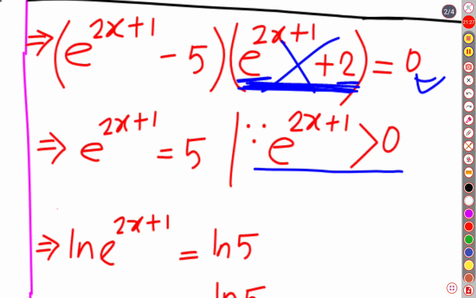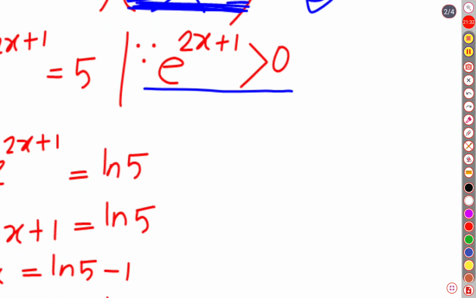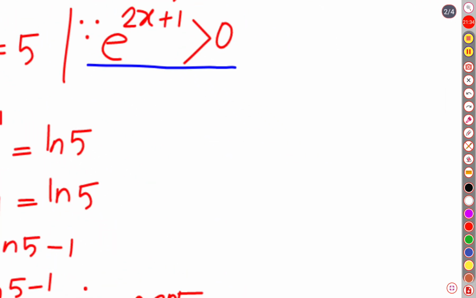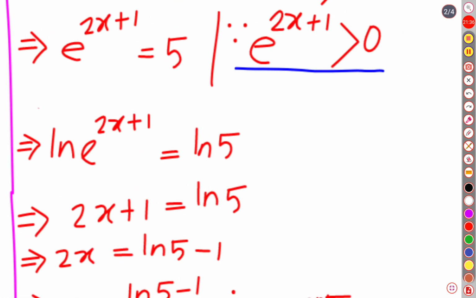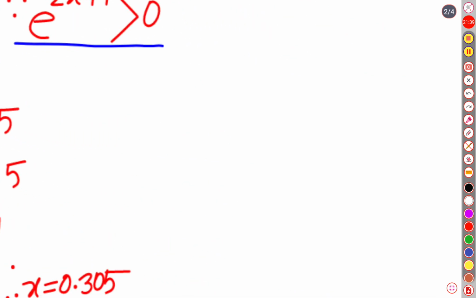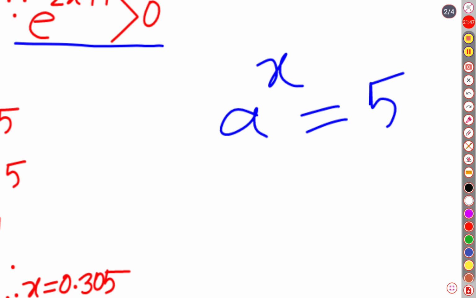And then we are going to take ln on both sides. Let me show you. Suppose this is something like the exponential function. Let us write a raised to x equal to 5. So how to solve this exponential equation? We will take ln on both sides.